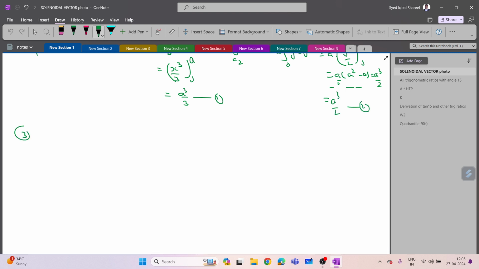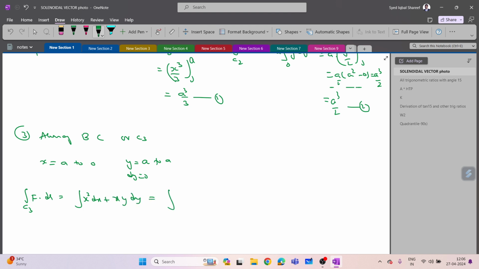Now the third, along BC or C3. Along BC, x equal to a to 0 and y equal to a to a. a to a means dy equal to 0, it is constant. So the integral over the curve C of F dot dr is the same as x squared dx plus xy dy.